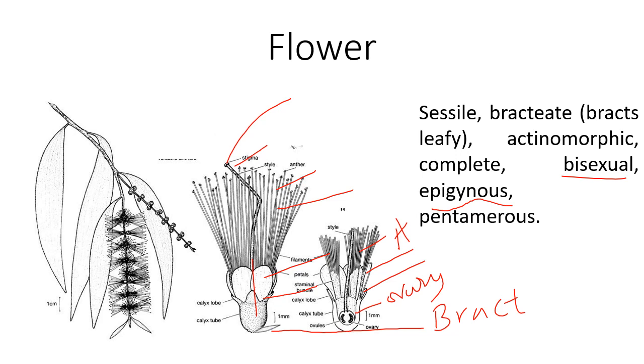If you look at the position of the ovary, it is downmost, and due to this it is called epigynous. And the flower has pentamerous symmetry because the number of calyx and corolla members is in multiples of 5.